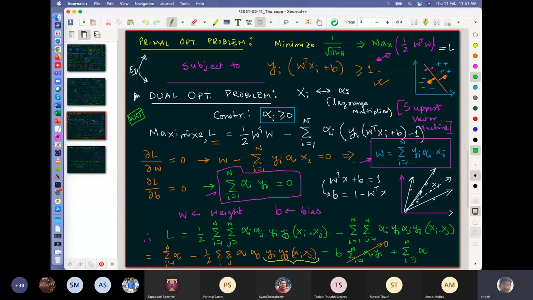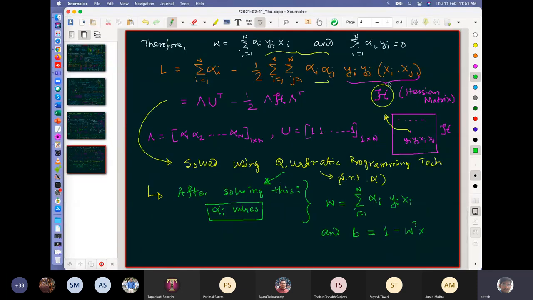This is condition A and this is condition B in my hand. So if I replace these conditions, these are the conditions when my L will be maximized. So the maximized value of L, if I do it using condition A plus condition B, I get this thing, which looks very bad, but finally it comes out a little simpler, which you can further simplify because there is something to pre-compute here due to the input training examples, which is our Gram matrix.